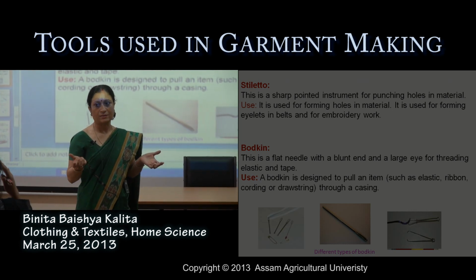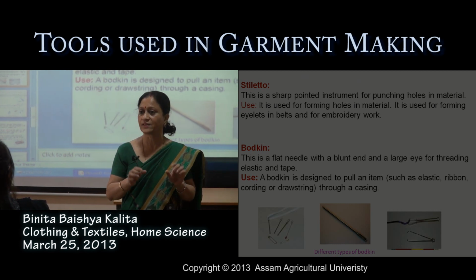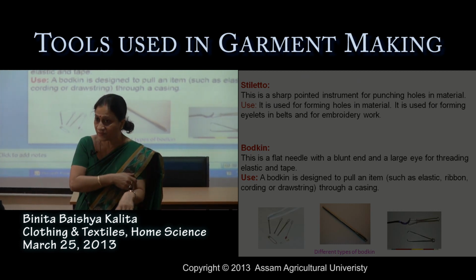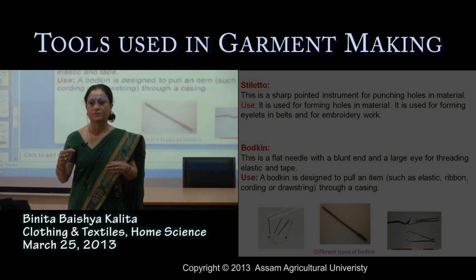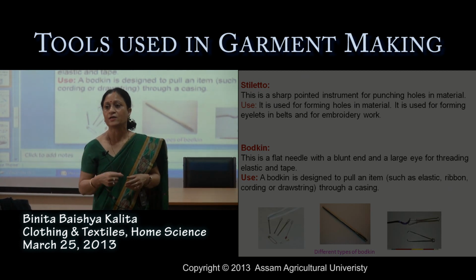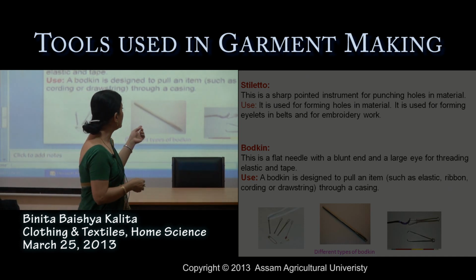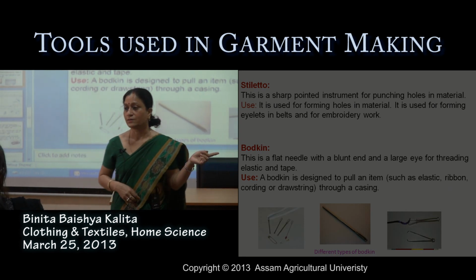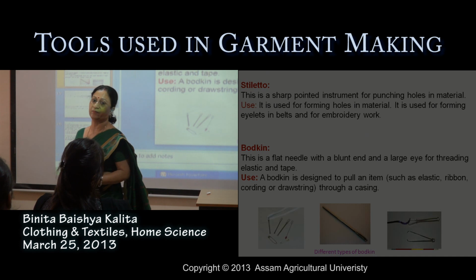Sometimes in a garment you are having elastic in your waistline or the sleeve hem, and it will be very difficult to pass the elastic through this hole, no? In that case you can use the Bodkin to thread the elastic through your garment.